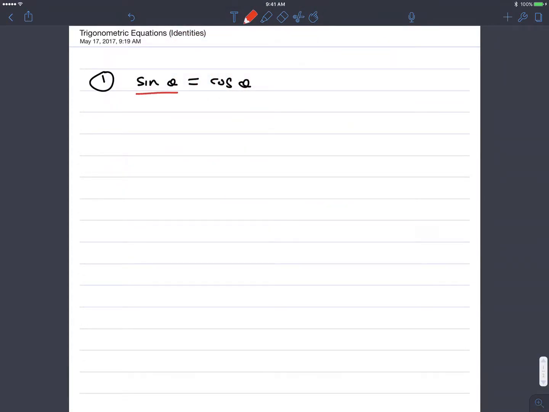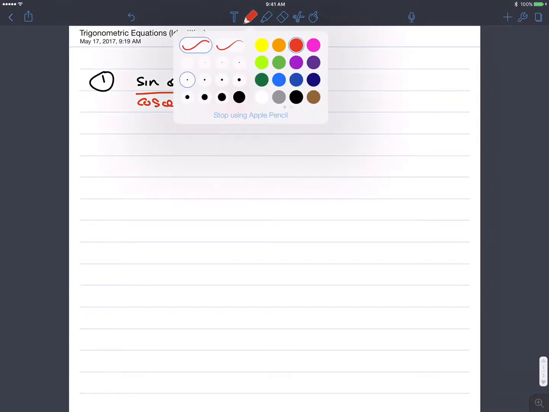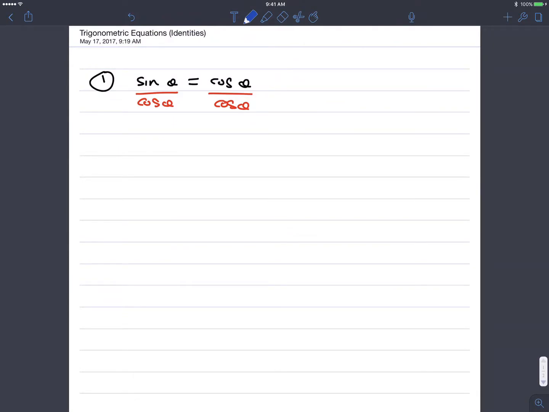What you want to do here is divide both sides by cosine theta. What that does for you, algebraically, is that you now get this equation here. You get sine theta over cosine theta will equal 1. You guys okay with that? Now, what's sine theta over cosine theta?